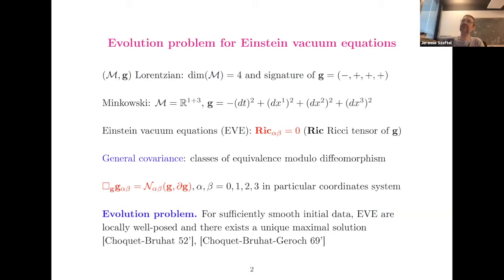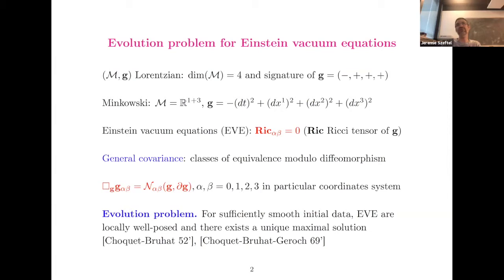Okay, so as I said, I'm going to consider the Einstein vacuum equations. That is the Einstein equations in the vacuum, in the absence of matter, in which case they take the following simple form: Ric = 0, where Ric is the Ricci tensor of the metric g. The metric g admits a curvature tensor.